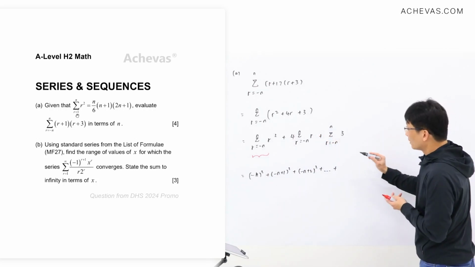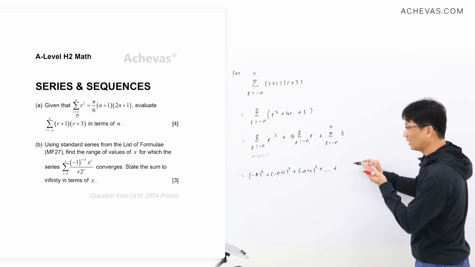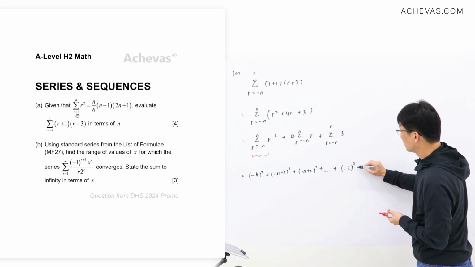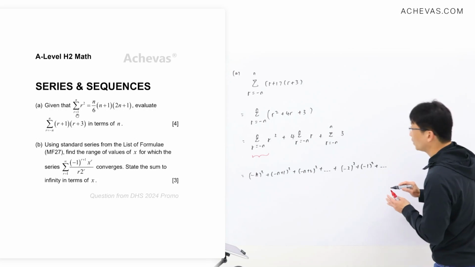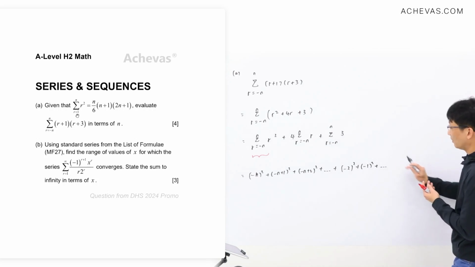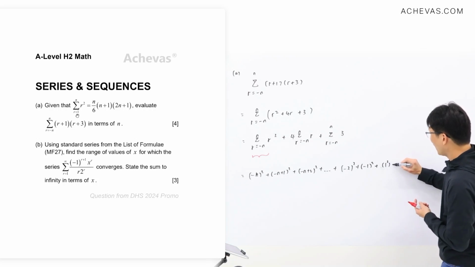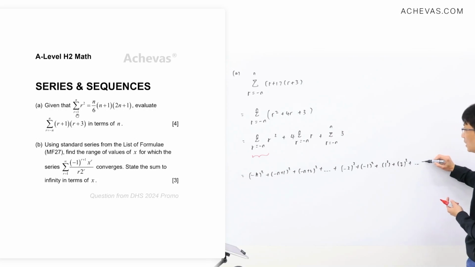The term that is before 0 is minus 1, and the term before that is minus 2. Maybe I'll just indicate the last two negative terms, and it will carry on all the way until the first two positive terms, which are 1 squared and 2 squared, and the last three terms will be n minus 2 squared plus n minus 1 squared plus n squared.